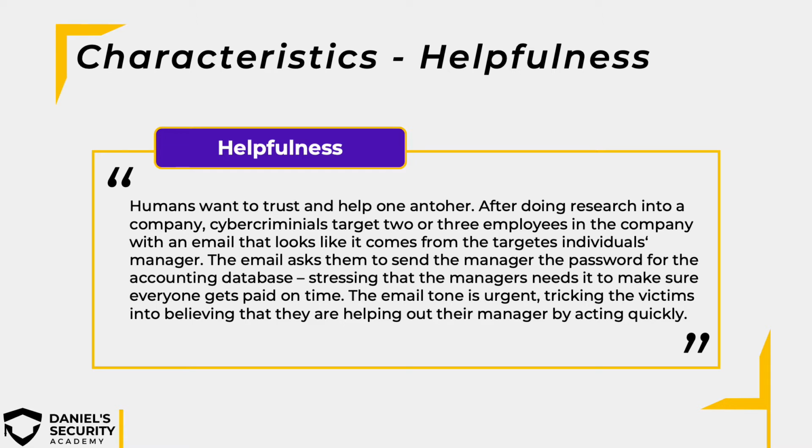So the victim is tricked in the sense that they first believe they know the other person. They believe it's their manager. Secondly, they believe they not only help the manager, but also help the colleagues to get paid on time. So this is one phishing attack, or kind of social engineering attack, you can use to tackle the helpfulness characteristic.